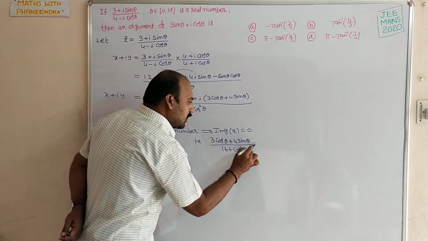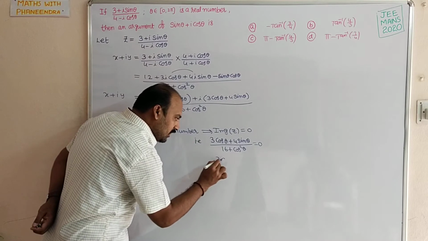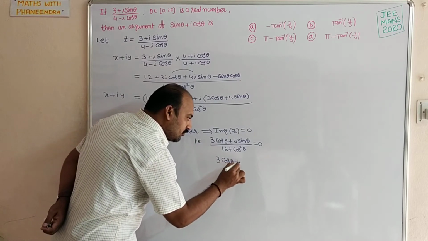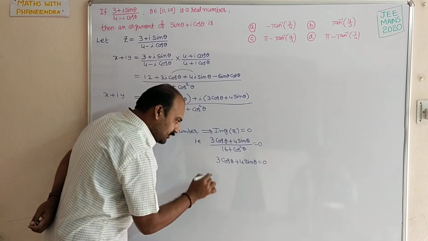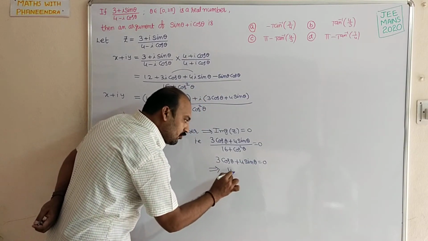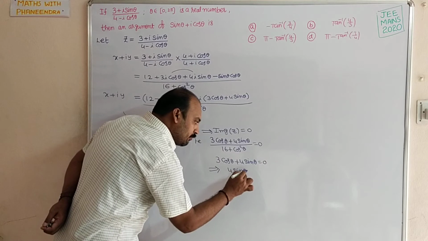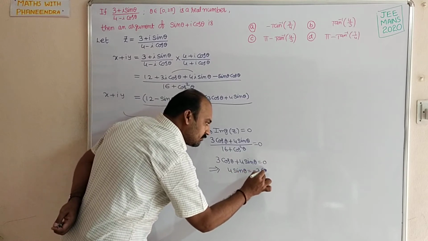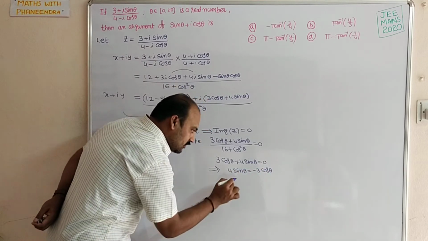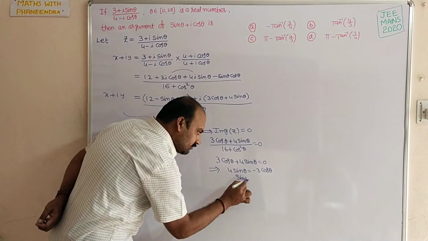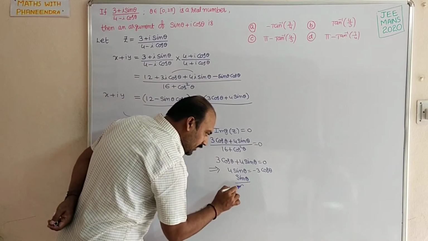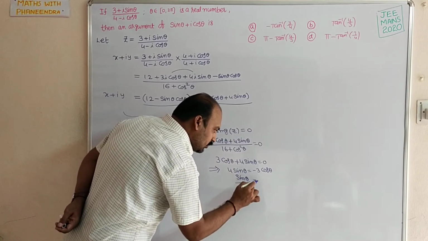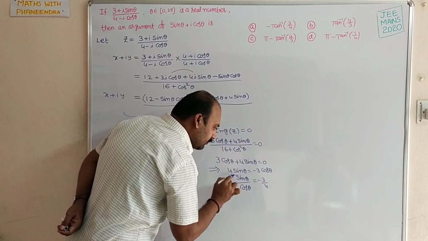So cross multiply: 3 cos theta plus 4 sin theta is equal to 0. That implies that 4 sin theta equals minus 3 cos theta, so sin theta by cos theta is equal to minus 3 by 4.